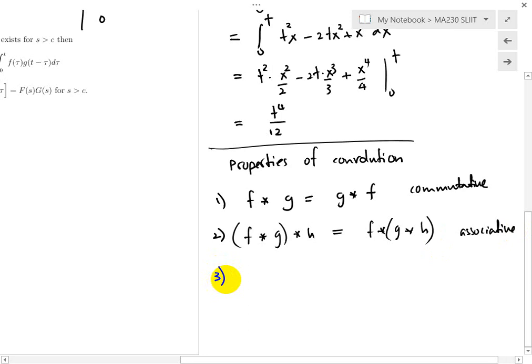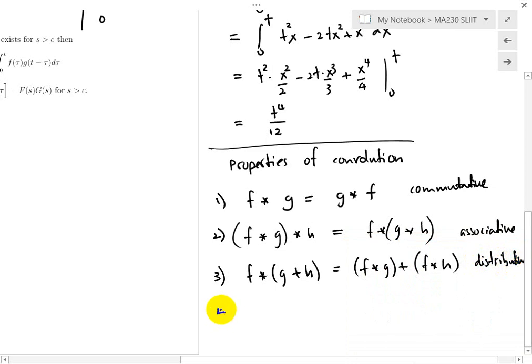Actually the distributive property is there. So if you have f convolution (g plus h), it is the same as f convolution g plus f convolution h. So this is distributive. So if one function is 0, what can you say?